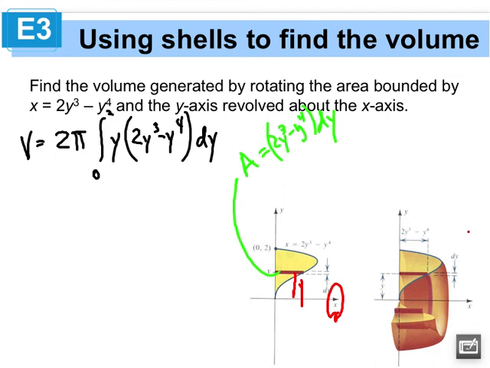It won't make a difference. We might see some functions where you could put it in such a place that it would appear to touch at that one particular point. But in general, if the majority of the representative rectangles wouldn't touch the axis of revolution, then it's non-touching. Multiply that out, take the integral of each individual one, 2y to the fourth minus y to the fifth. Plug in 2, plug in 0, multiply by 2 pi, you get your answer.